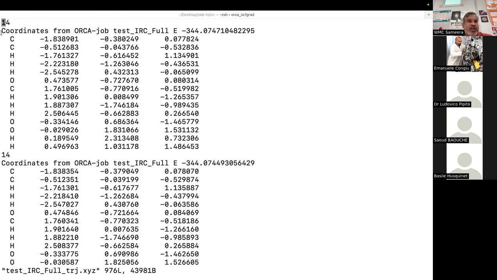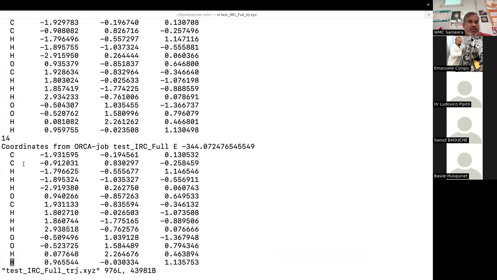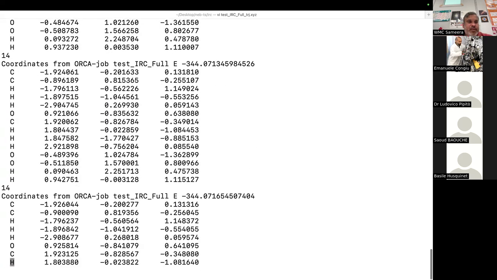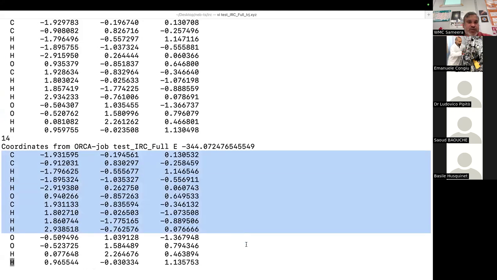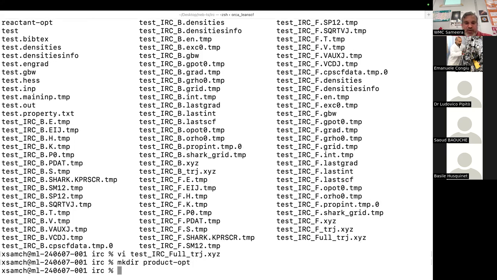So this is our reactant side, and then we get the product side, which is the last structure, and then we optimize the structure.